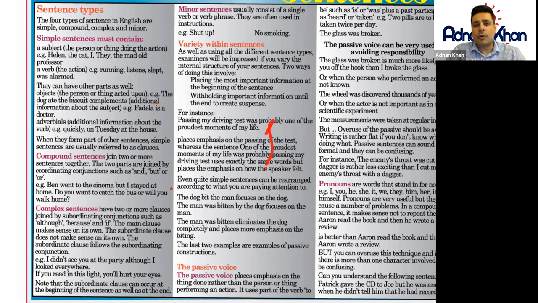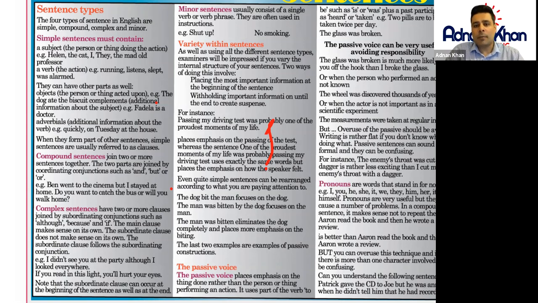The two parts are joined by a coordinating conjunction, such as the word and, which is a very common word, a conjunction such as but, or even the word or. So if you have any of these conjunctions within a sentence, you are connecting two or more sentences together, and you can tell that this is now a compound sentence.